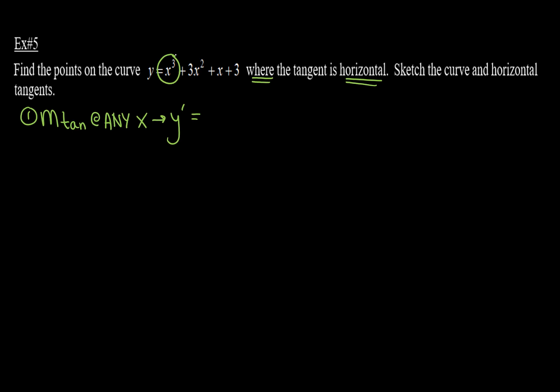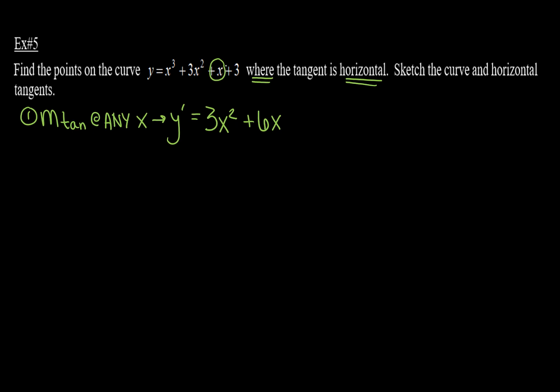So for this first term, we're going to take the 3 and bring it down in the front. And then I reduce the power by 1, and that becomes 3x squared. For my second term, I'm going to have the power of 2. That's going to come down in the front, and then I'm going to reduce it by 1. And the derivative of that turns into 6x.